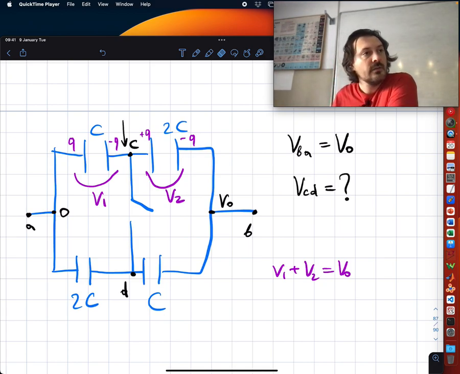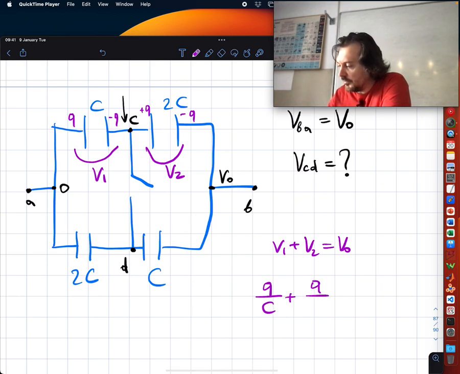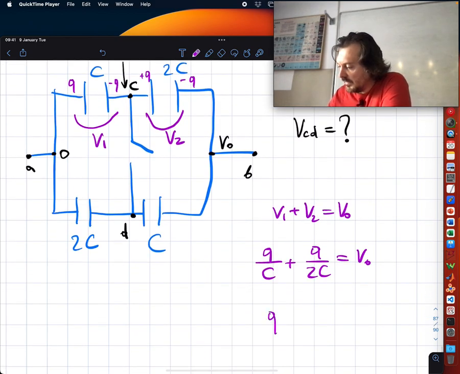Before we close the switch, we have the same charges. So Q over C plus Q over 2C is equal to V0.